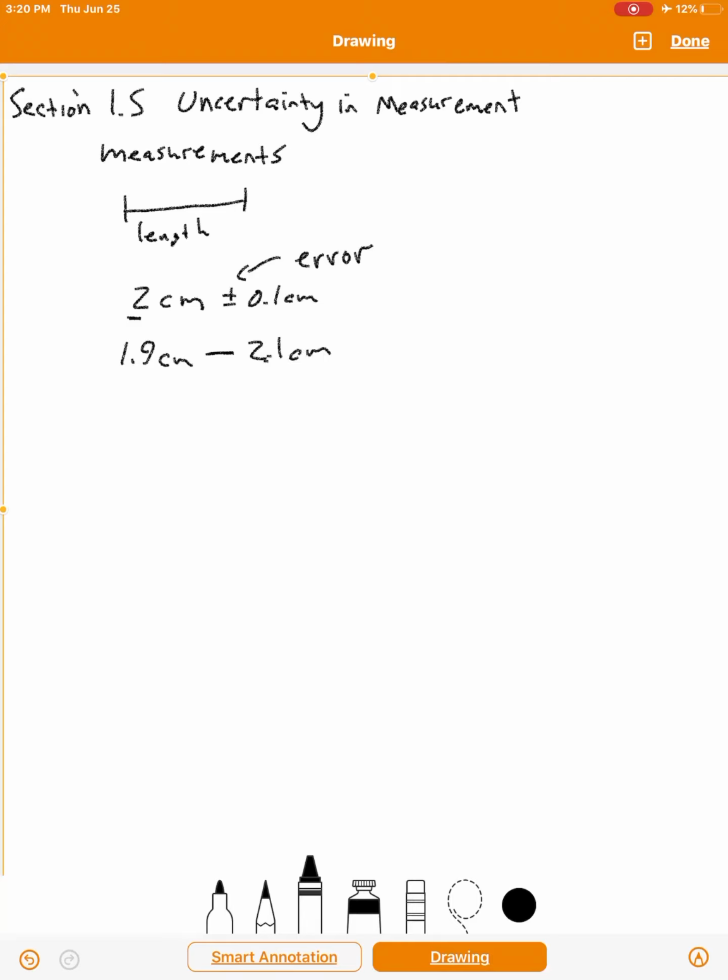And so what you're doing is you're telling people, yeah, I know it's not exactly 2. And here's the range. The range is it's anywhere between 1.9 and 2.1. And they say that's not good enough because I don't want one that's 2.1 and I don't want one that's 1.9. I want one that's 2. So you say, okay, I'm going to do a little bit better job and I'll make measurements a little bit better, and it's going to be more precise.